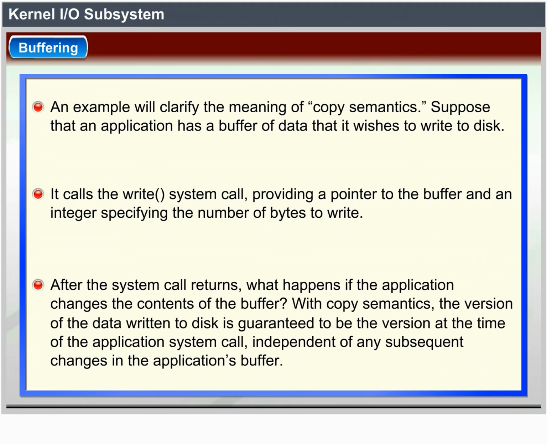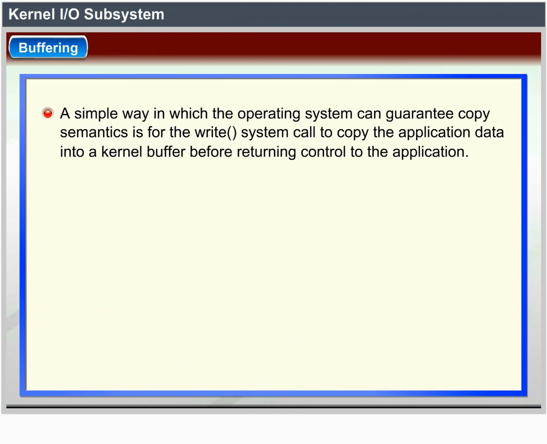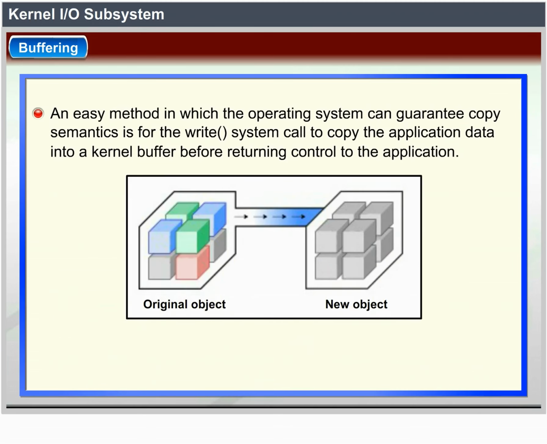With copy semantics, the version of the data written to disk is guaranteed to be the version at the time of the application system call, independent of any subsequent changes in the application's buffer. A simple way in which the operating system can guarantee copy semantics is for the write system call to copy the application data into a kernel buffer before returning control to the application.